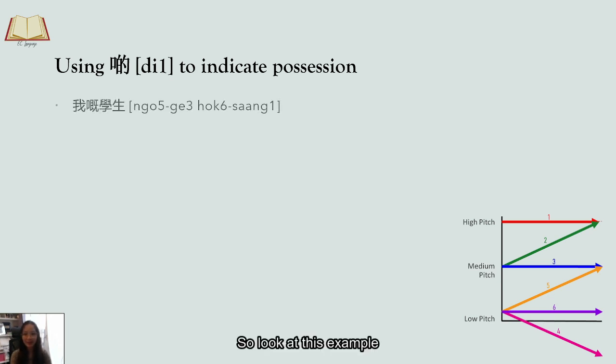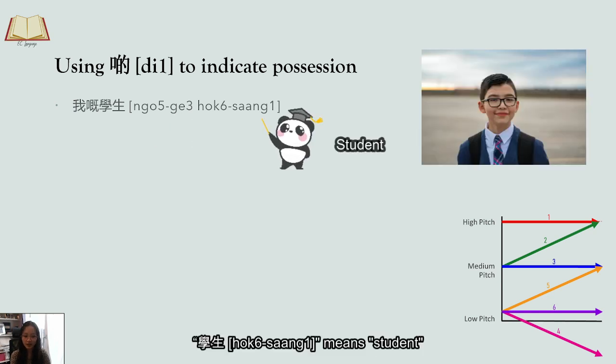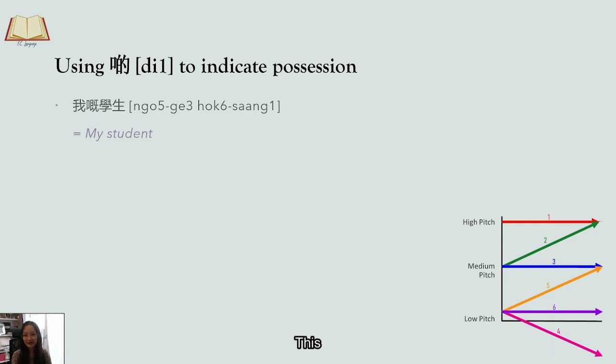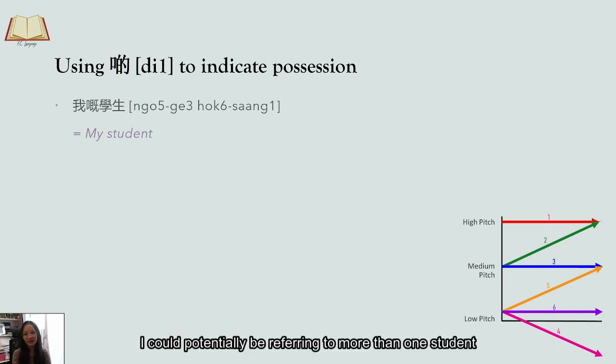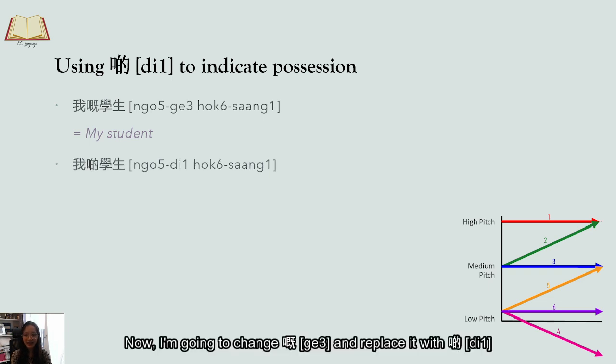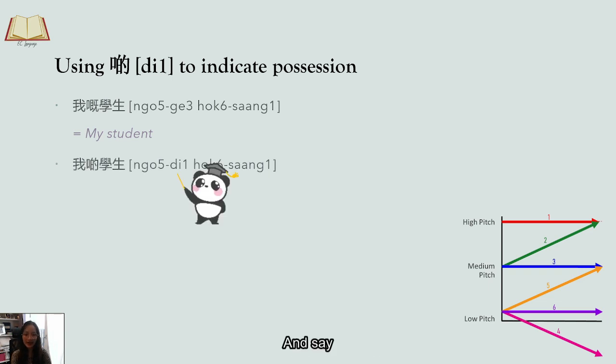So look at this example. 我嘅學生. 學生 means student. So this sentence means my student. I could potentially be referring to more than one student, but usually it means just one student. Now I'm going to change ge and replace it with di and say 我啲學生.